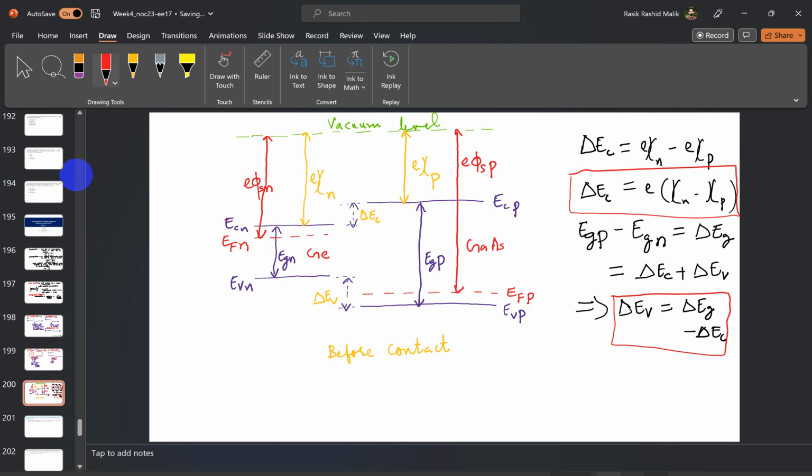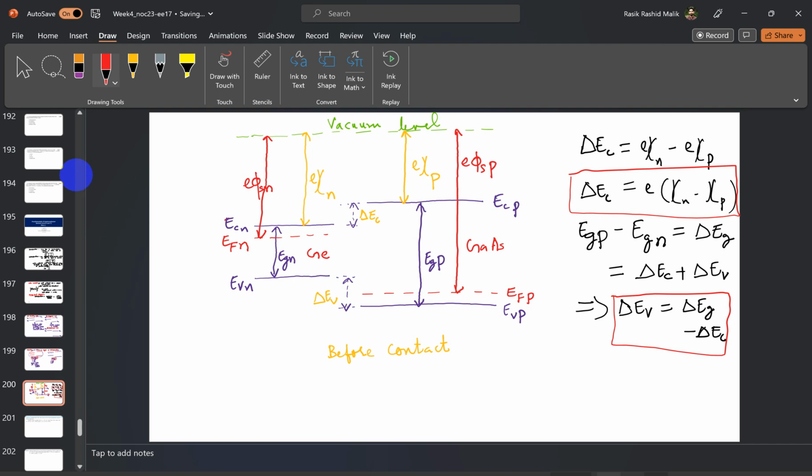This is the rule of thumb, and as in the case of a homojunction, this flow of charge will create a depletion region or space charge region in the vicinity of the junction. The space charge width on the n side and the p side we will calculate later.